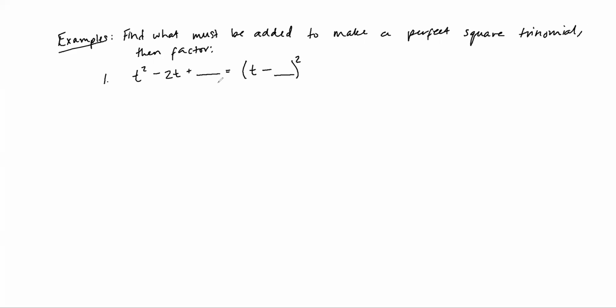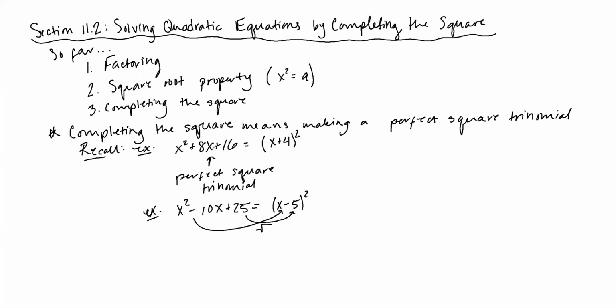So first thing we want to do to figure out this part right here, if we think back to what we had over here, to get the 16, if we take half of 8, so if we take 8 divided by 2, we get 4. And then if we square that 4, we get 16, because this is 4 squared, which is 16. That's what we're going to be using here.